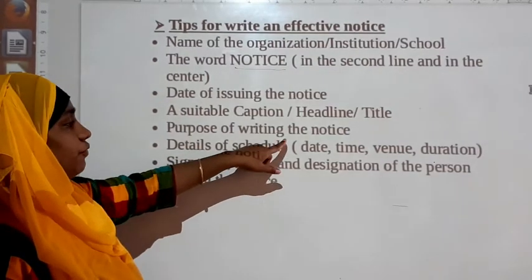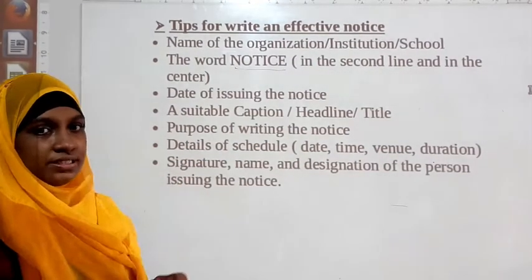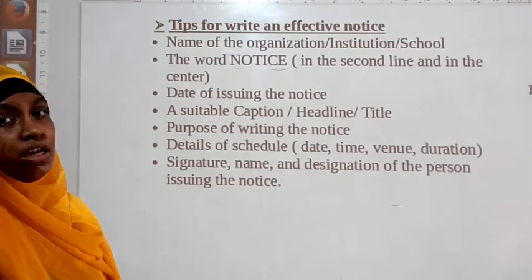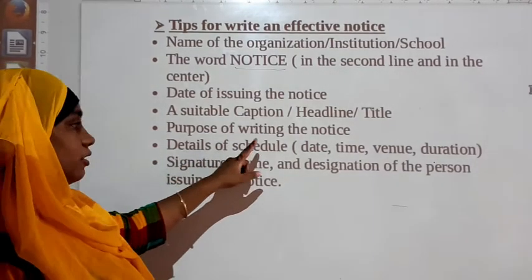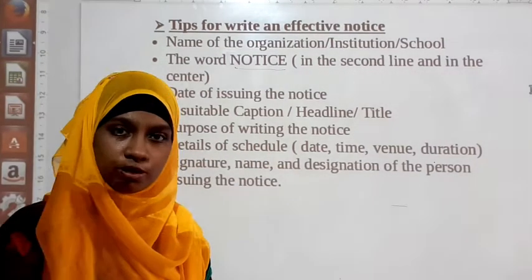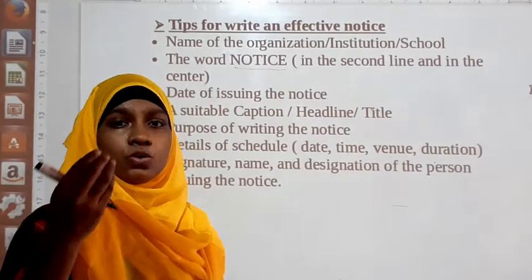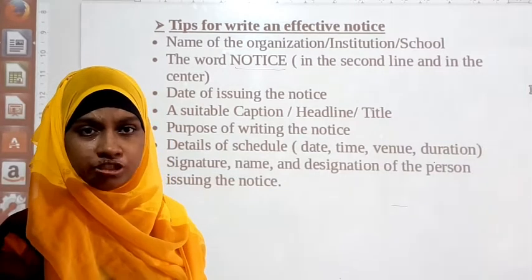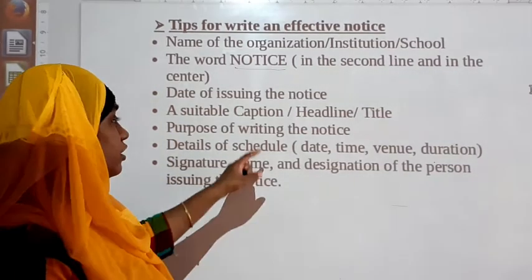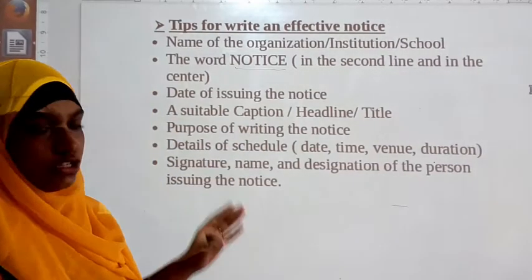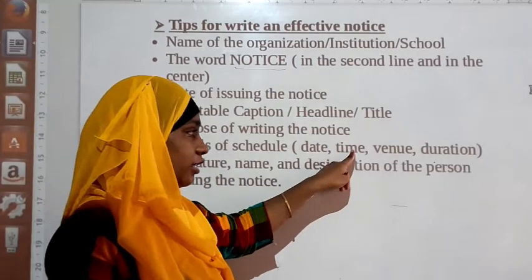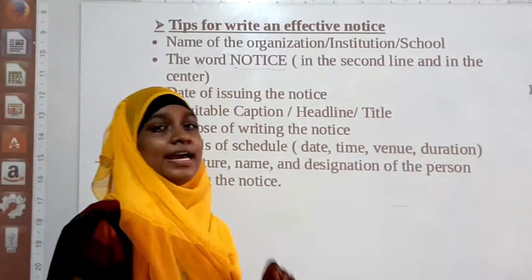The purpose of writing the notice, you will briefly tell, and the details of the schedule, that is, for any event that is going to be conducted in our school or inter-school, you will show the schedule in the notice: the date, time, venue, duration and everything.